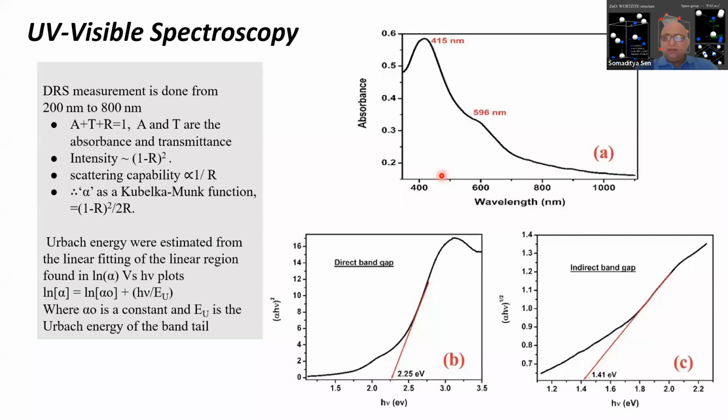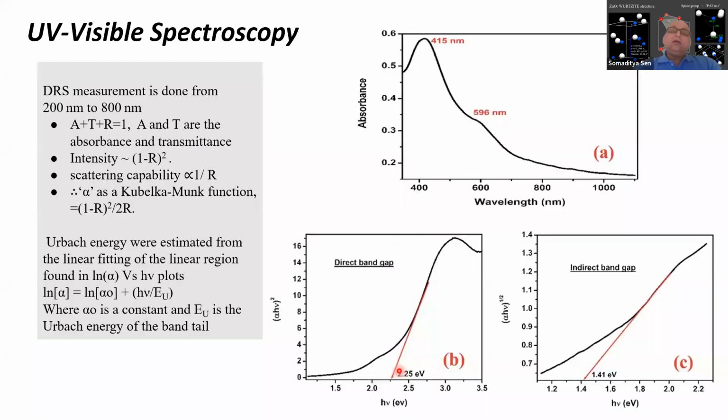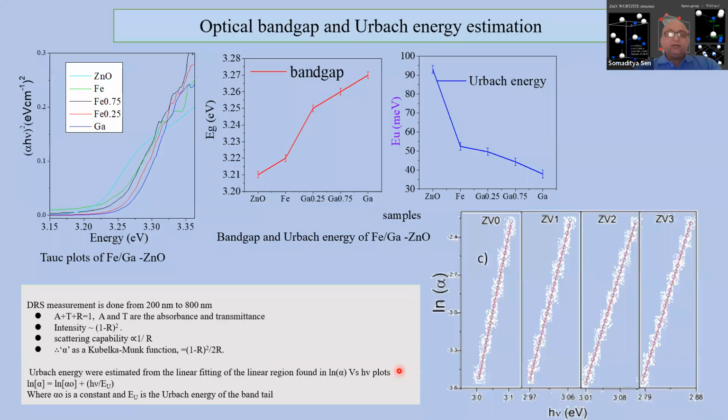So in this graph, if you reduce the disorder, you transit from this state to this type of thing. So the band gap, which was reduced, will increase. So this is a type of band gap tuning due to lattice disorder that is present in the samples.